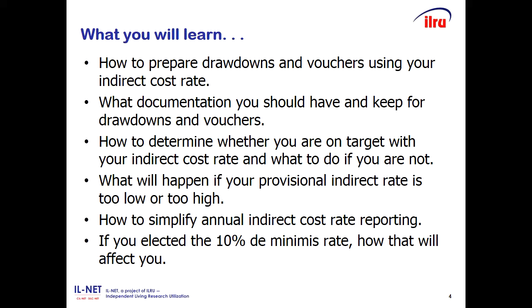We're going to also talk about what will happen if your provisional indirect rate is too high or too low. We're going to talk about how to simplify the annual indirect cost rate reporting, which is coming at the end of this year. So for most of you, anyway, that's the case. And then if you elected the 10% de minimis rate, what that means to you, how that's going to affect you as you go through this.